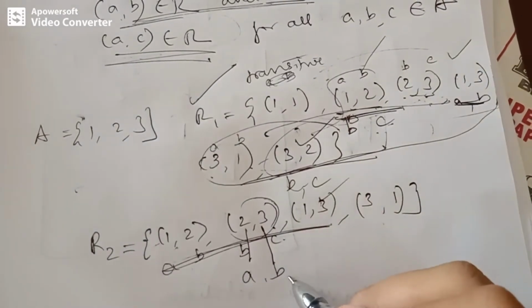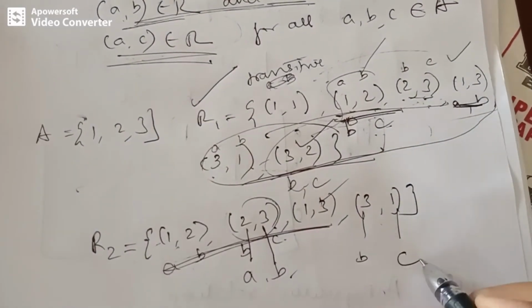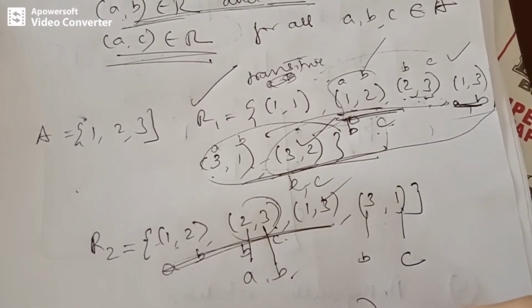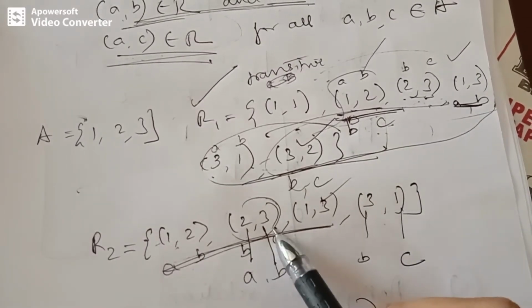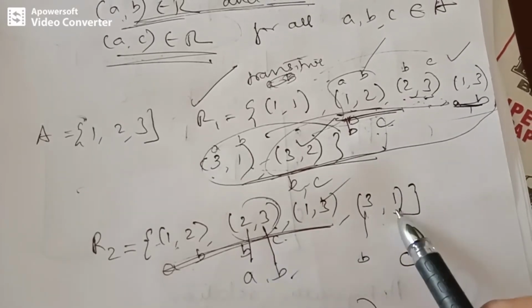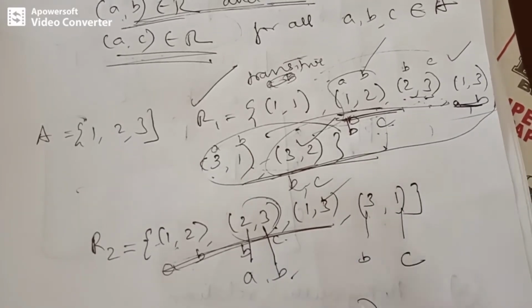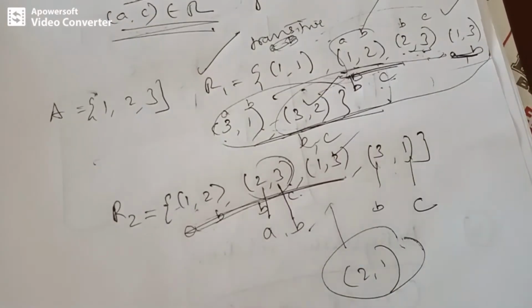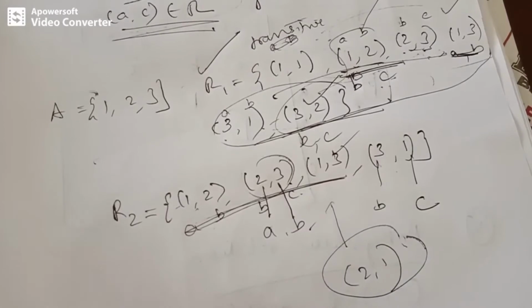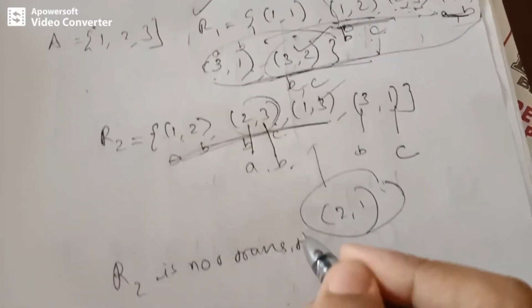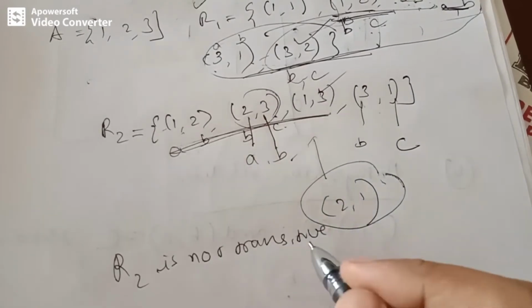A comma B belongs to R, B comma C belongs to R. Do I have 2, 1 belongs to R? Whenever A comma B belongs to R and B comma C belongs to R, then A comma C belongs to R. So, as per this property, I need to have this pair in this relation. Do I have it? No. So, I can say that R2 is not transitive.